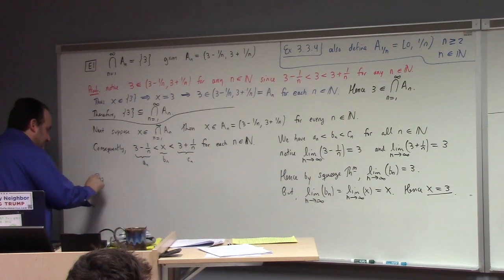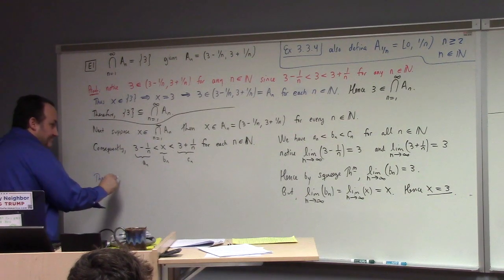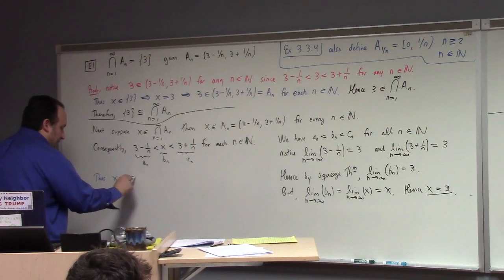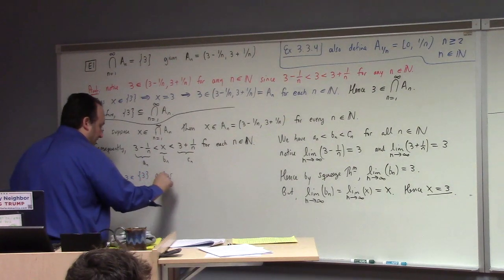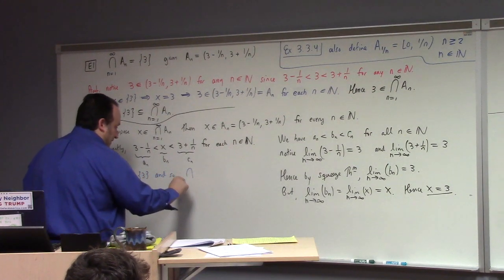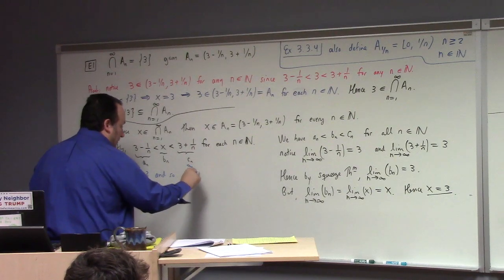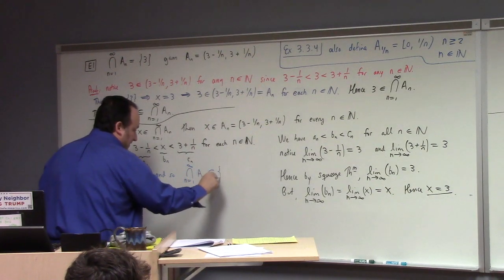Thus, x equals 3 is an element, of course, of the set containing 3. And so we have that the intersection n equals 1 to infinity of a sub n is a subset of the set just containing 3.